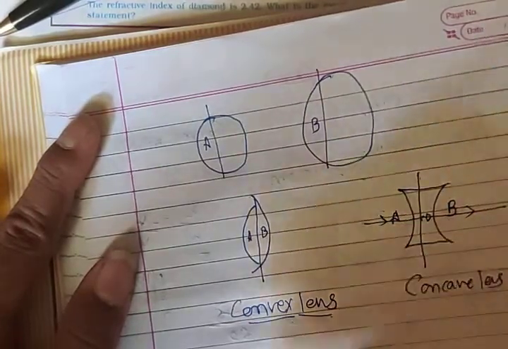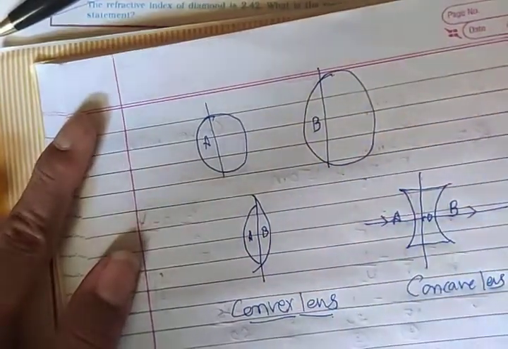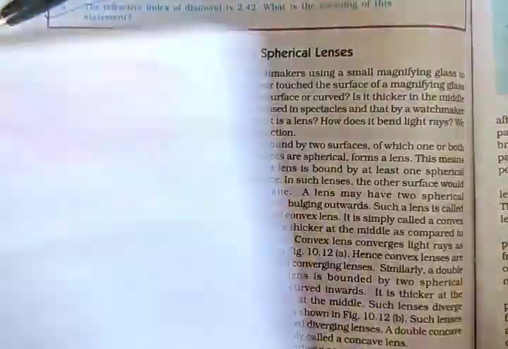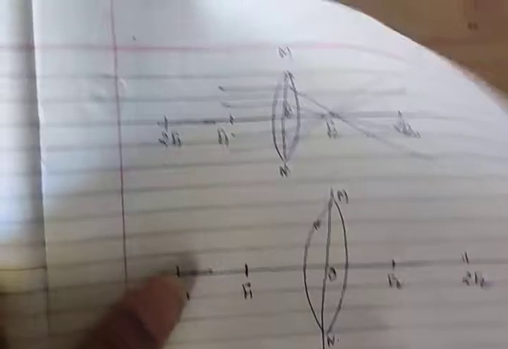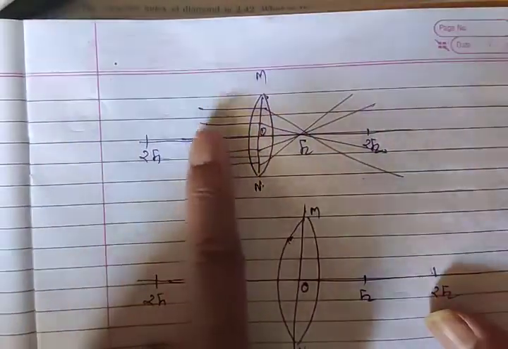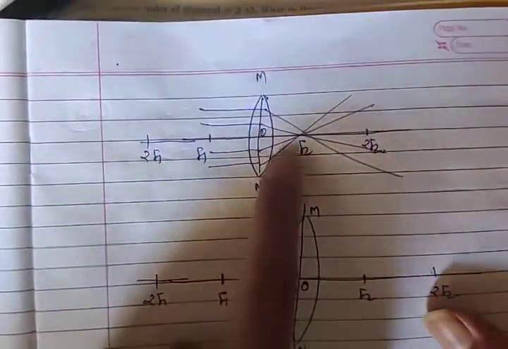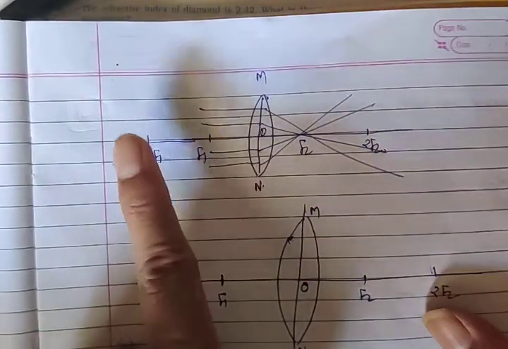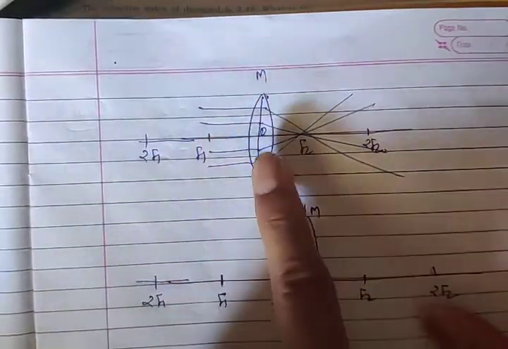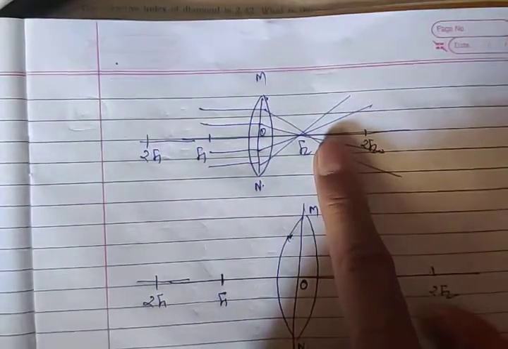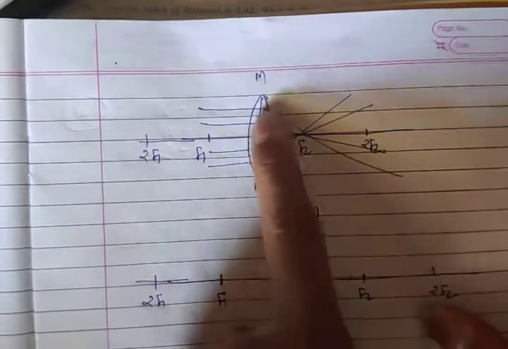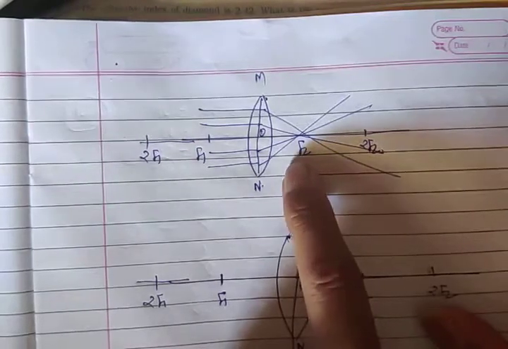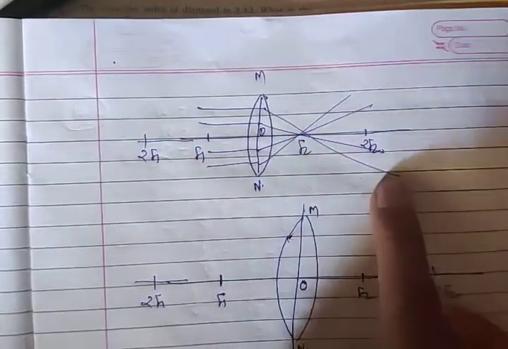As I have already told you, every lens has a certain capacity. Here I am going to explain this. Suppose I am taking this as a convex lens. If the rays come from this particular direction and go to the other side, they are going to settle down at one particular point, and from there they are shifted.